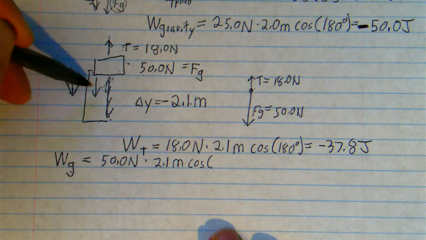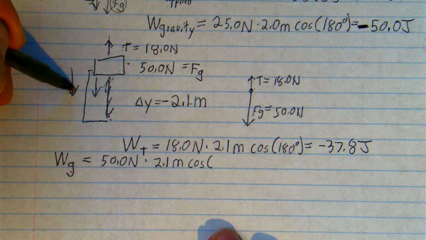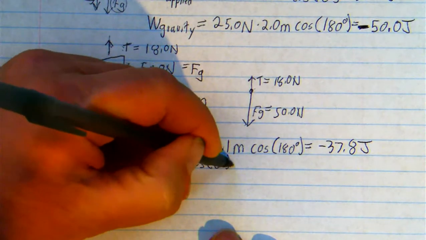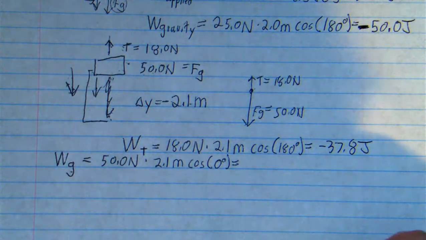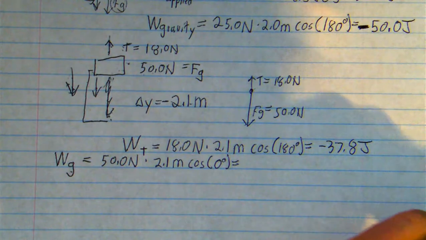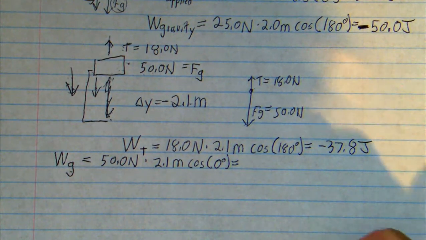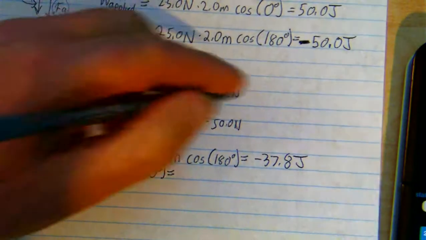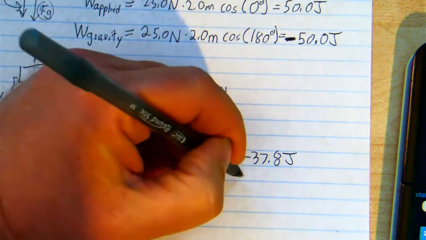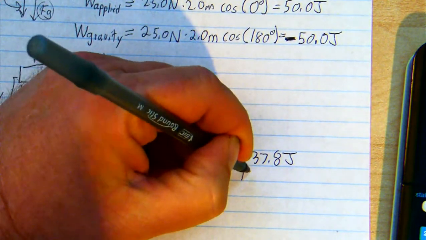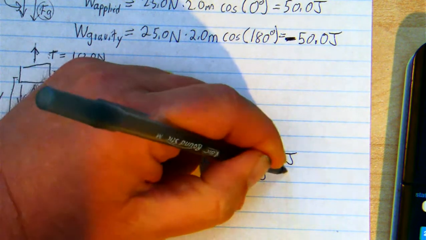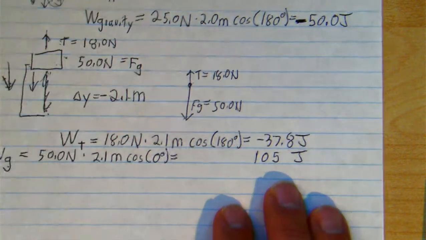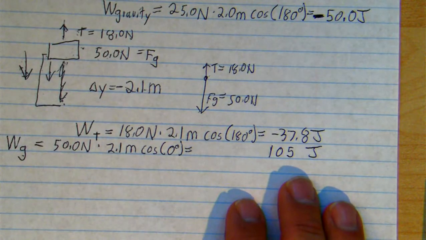Well, the angle between down and down is 0 degrees. And the cosine of 0 degrees is 1. So if I calculate 50 times 2.1 times the cosine of 0 degrees, I get 105 joules of work done on this object by the force of gravity.